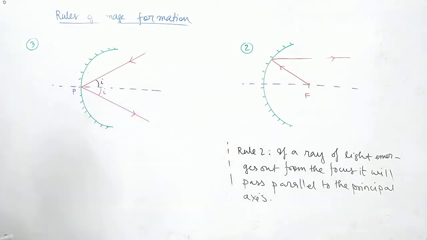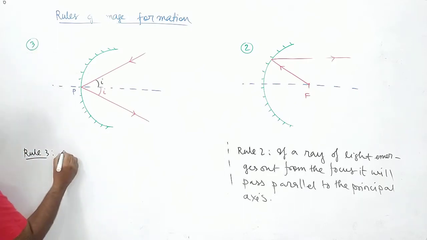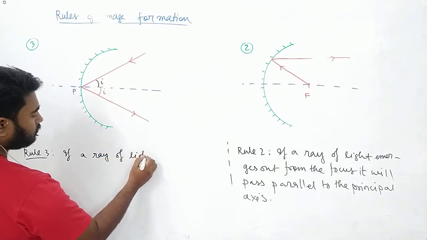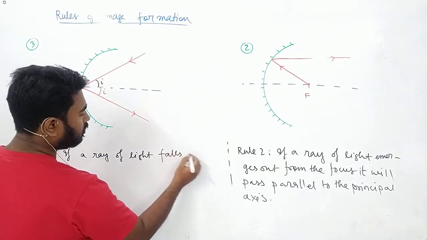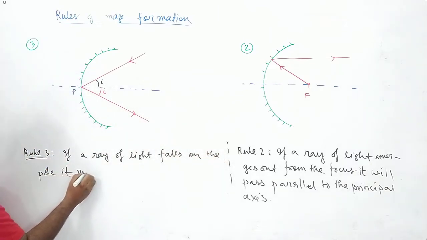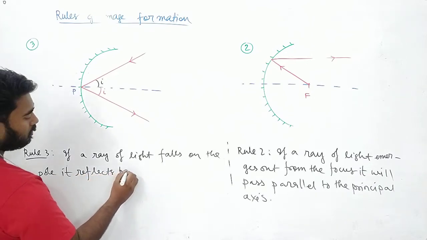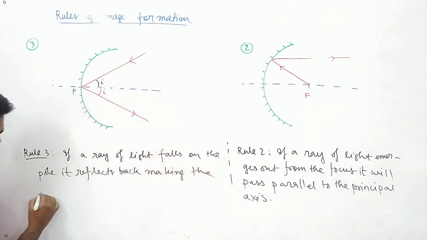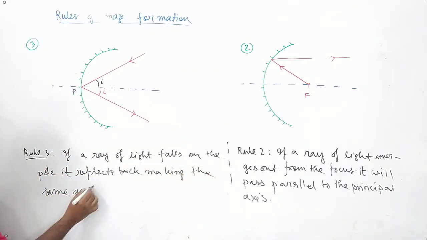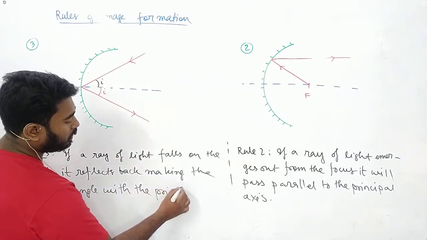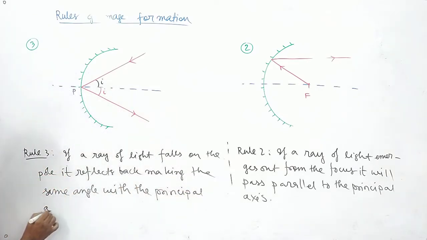That means rule 3: if a ray of light falls on the pole, it reflects back making the same angle with the principal axis.